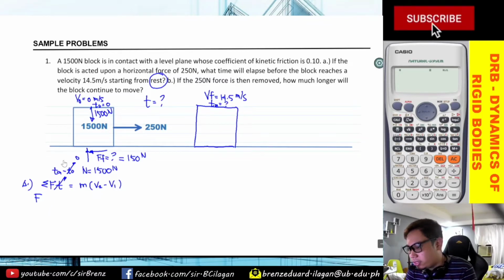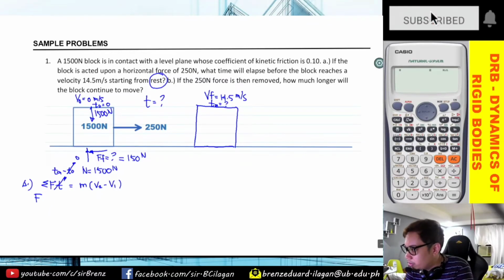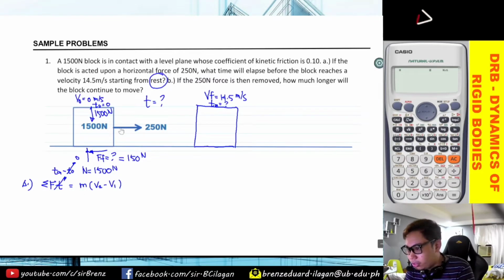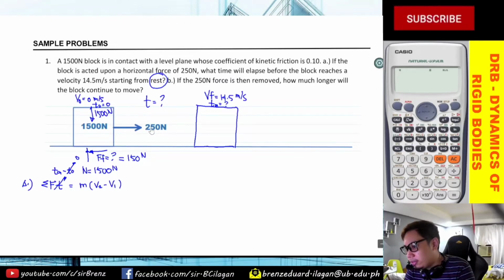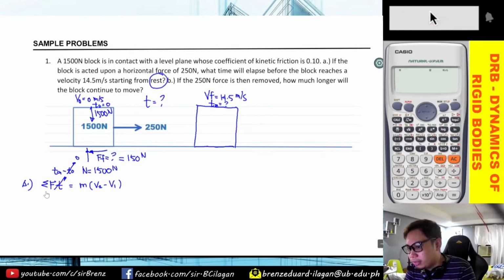So which forces will cause a positive impulse? When we say positive impulse, similar to work, its direction should be the same as the motion of the body. Considering that, the only force that causes a positive impulse is 250, multiplied by the time, the unknown we are looking for, t sub a.